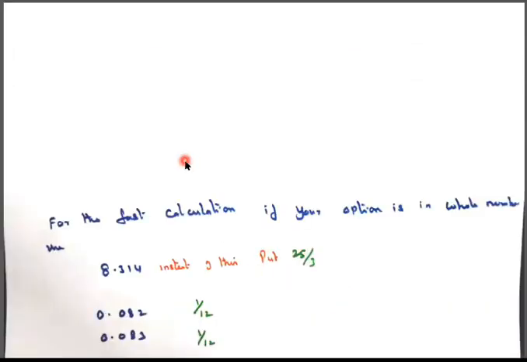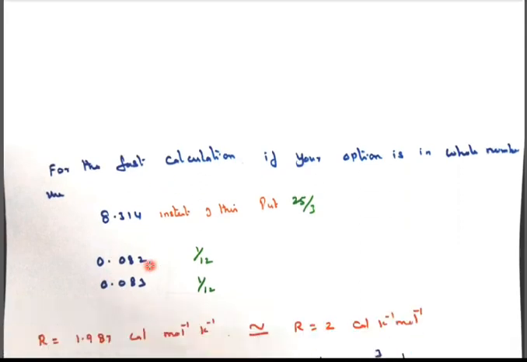Next, for fast calculation, if your options A, B, C, D are in whole numbers, please convert 8.314 into its short form. Instead of this, you just put 25 by 3, and you will get the same answer. Multiplication and division is easy when you put 25 by 3 instead of writing 8.314.